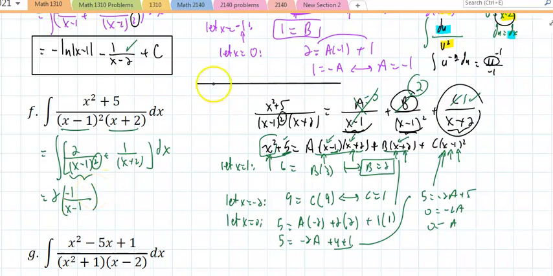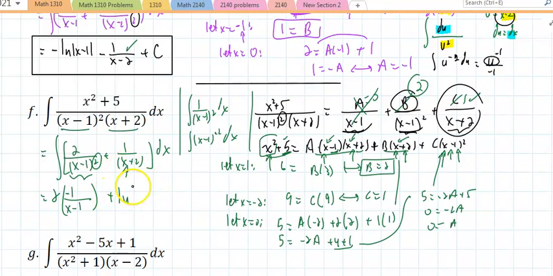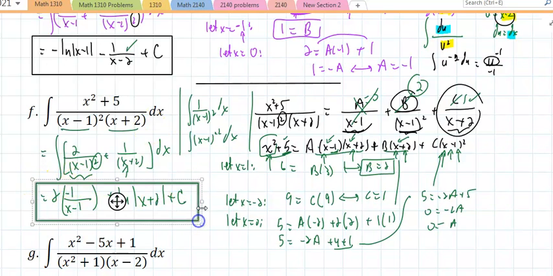Right? And if you're not sure, go on the side and integrate 1 over (x minus 1) squared dx. That's the integral of (x minus 1) to the negative 2 dx. Add 1 to the power divided by that. And this is a natural log of absolute value of x plus 2, plus C. And that would be my final answer.